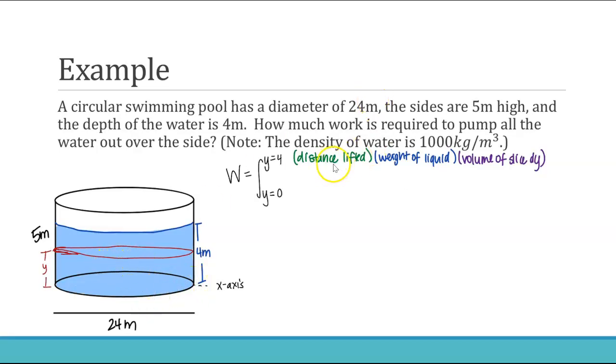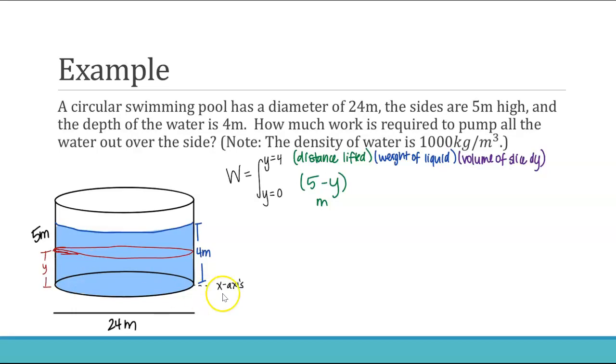So what's the distance lifted by a generic slice? Well, it's always going to be the height of the tank. So what's the highest point that the water needs to overflow over? So that's going to be 5 minus y. So the distance lifted is going to be the quantity in parentheses, 5 minus y. And let's go ahead and attach some units there for a second. That distance is going to be in meters.